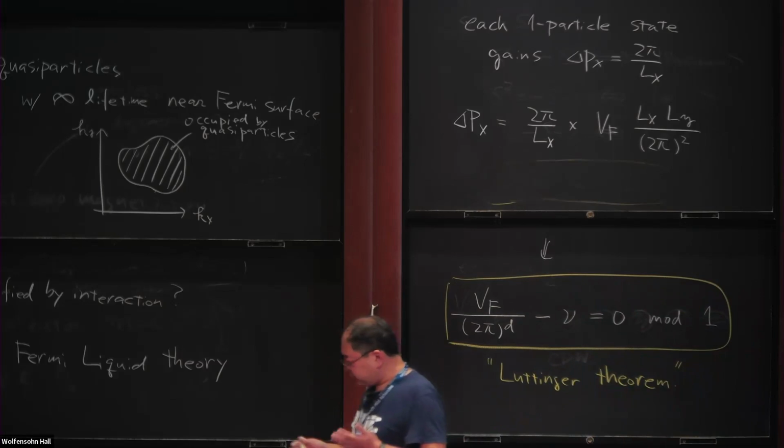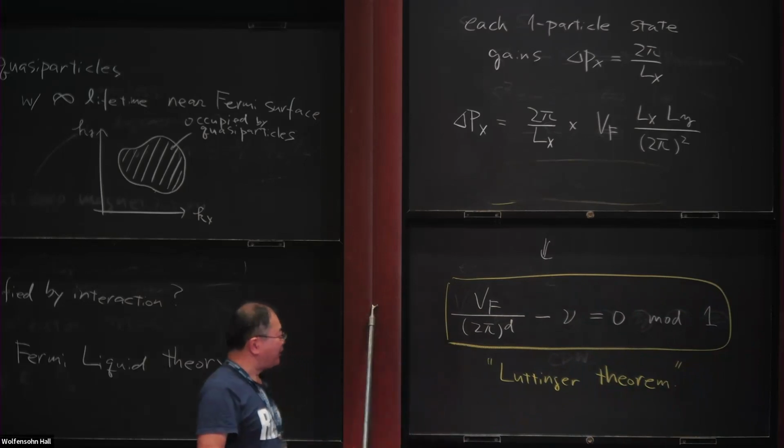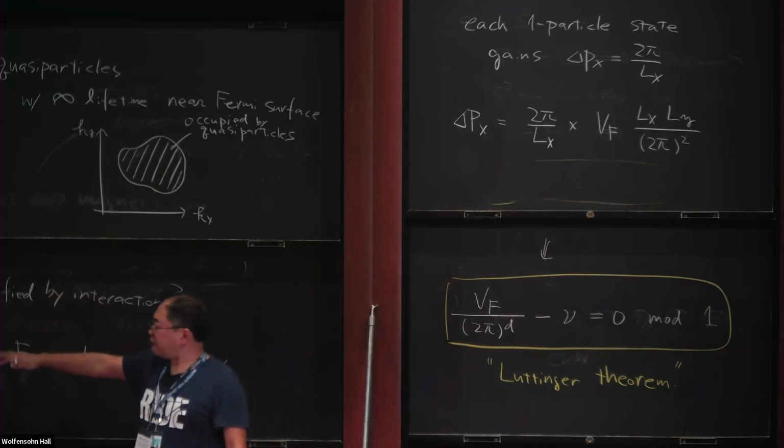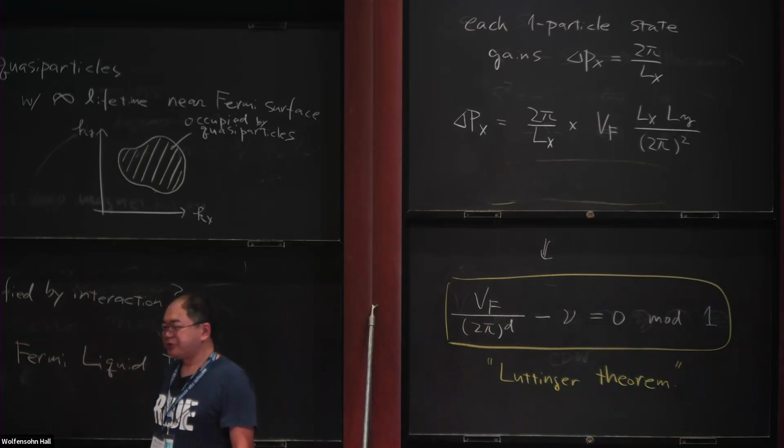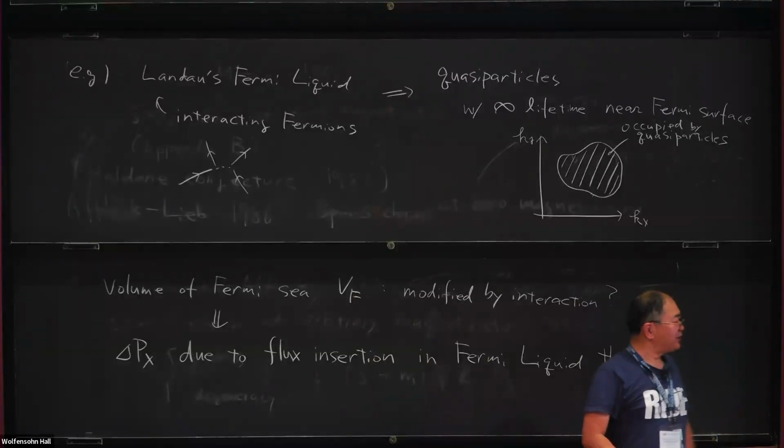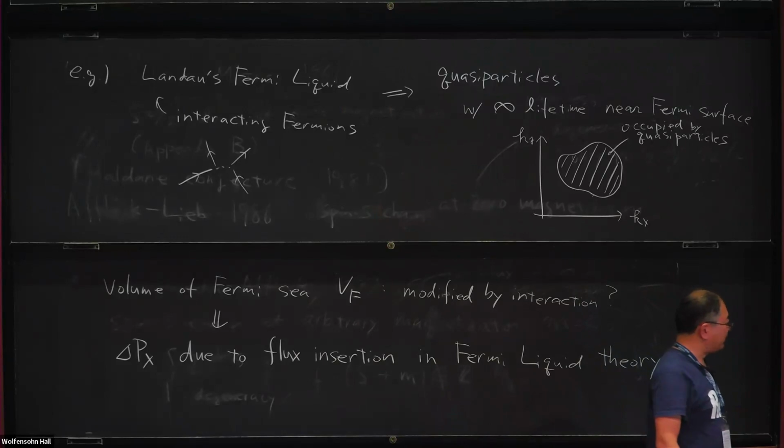So for any low energy effective theory you might have, you can compute this momentum shift and compare with the exact result. That gives you some constraint.